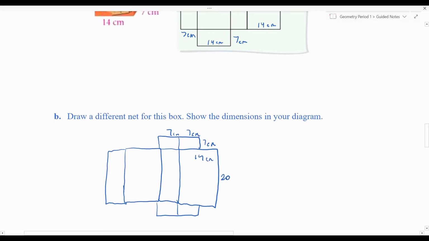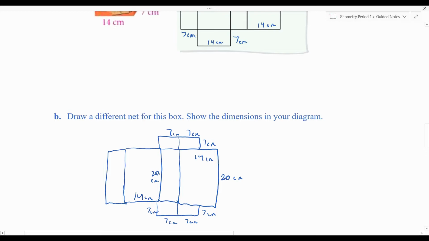This is my 20 centimeter. And the top flap and the bottom flap are identical, so this is going to be 7 centimeters, 7 centimeters, 7 centimeters, and so on. This is 14 over here. This is 20 over here. But you get the idea.